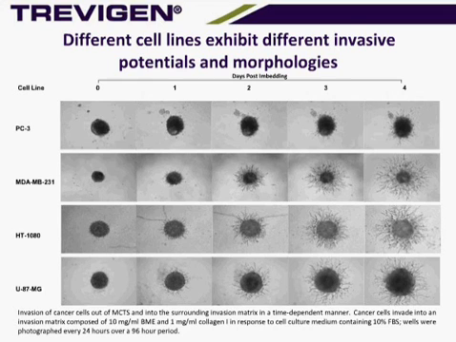We also see that, like with the U87MGs, the core seems to expand more than it does in the other cell lines. However, we get these more spindly invasions coming off. The invasion front doesn't seem quite as thick as it does with the other cell lines. So this shows us some different invasive potentials and morphologies that are associated with different cell lines.